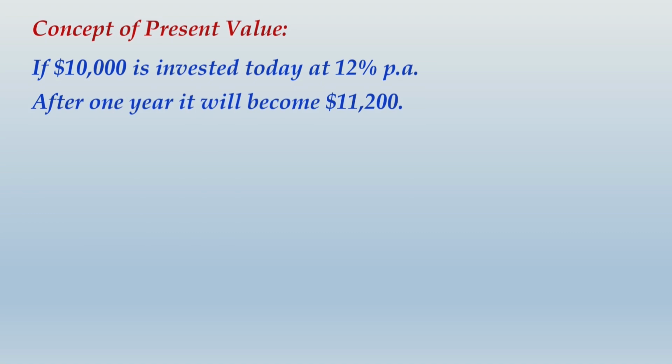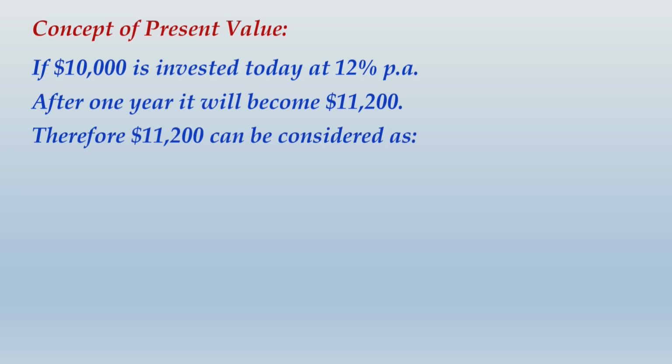Simply if you compute 12% of $10,000, the interest or the return that you will earn in 1 year time, because the investment time horizon is 1 year over here, that interest amount what you earn will be 12% of 10,000, that will be 1,200, and $1,200 added to the principal amount invested will make it 11,200.